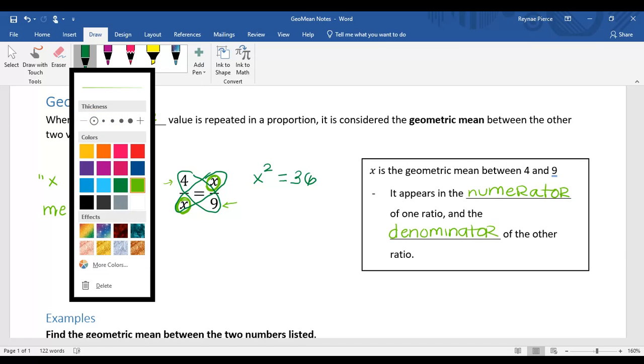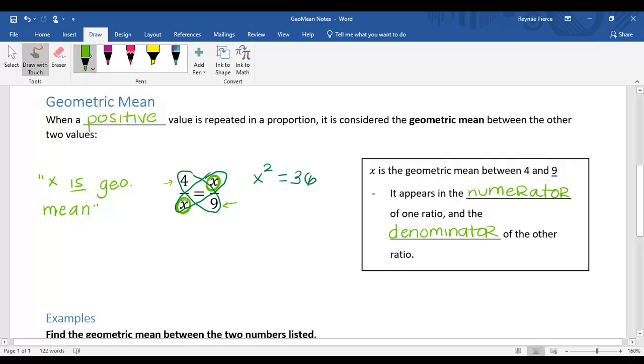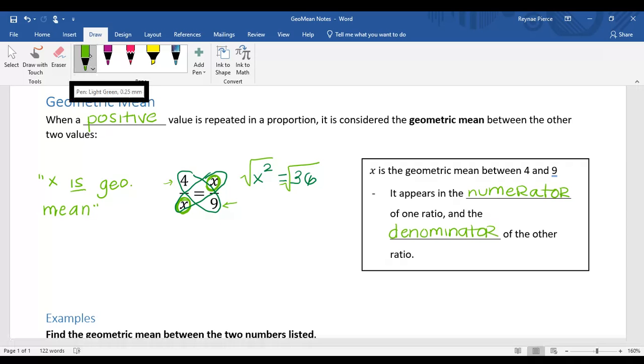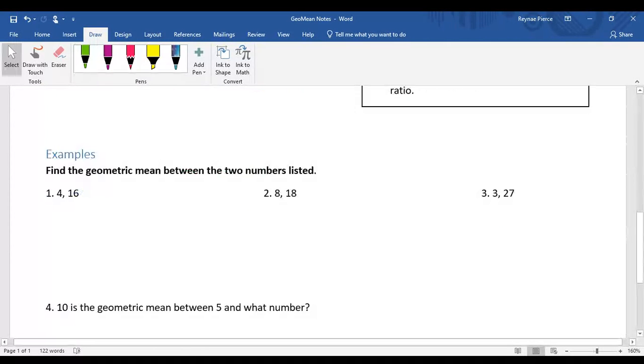And to undo squaring, or the inverse of something being squared, is to find the square root. So in this case, our x value is 6, which means that 6 is the geometric mean between 4 and 9.